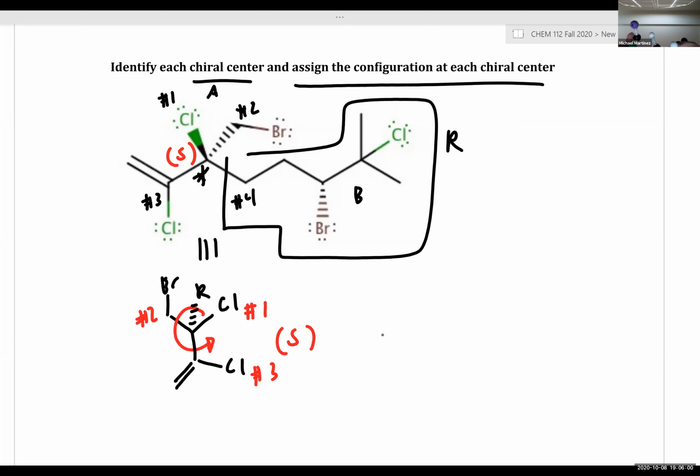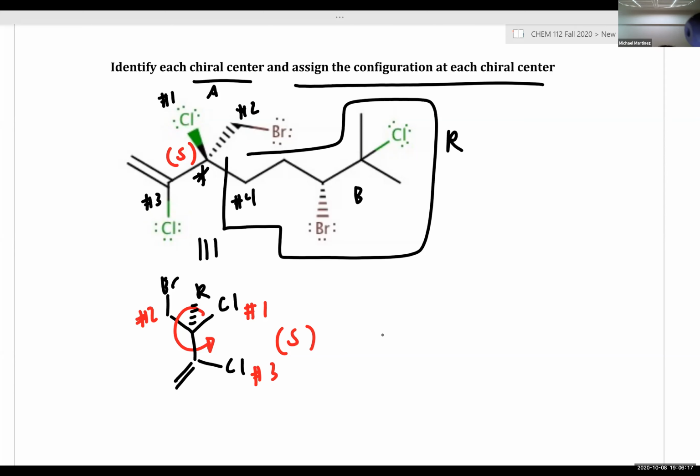Okay, so in this structure, we have our side chain containing the chloride. We have a hydrogen pointing out of the page towards us, and then we have our bromide in the back.